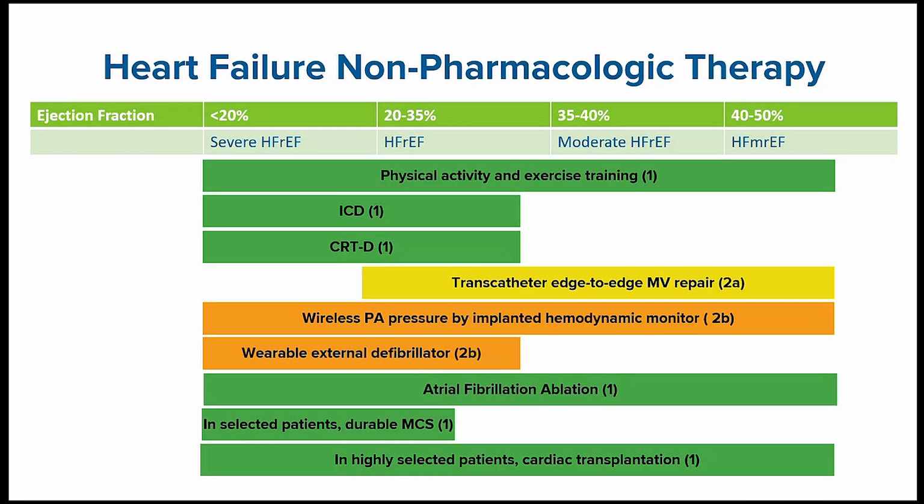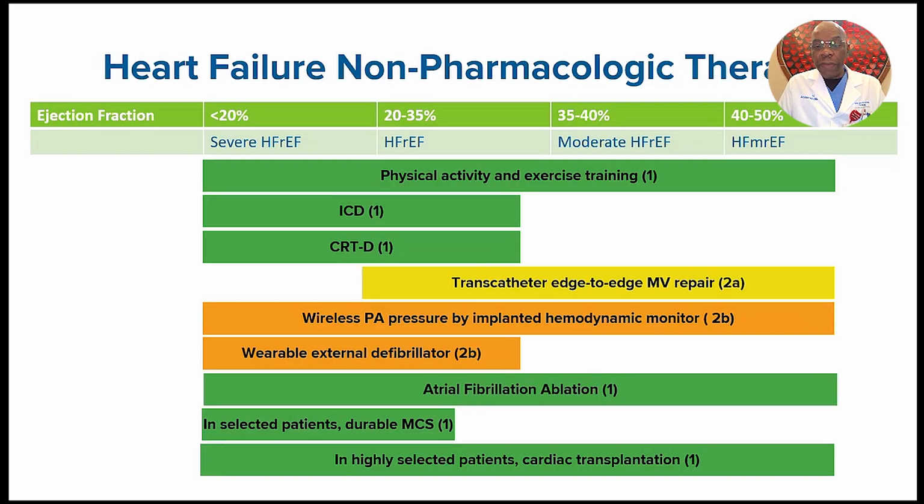Physical activity and exercise training is useful in all classes and all patients with heart failure. ICD has been approved as a class 1 indication for patients with ejection fractions less than 35%. The same for CRT. And these patients also have to have symptoms within the class 2 to class 3 arena because that's the patient population that was studied.